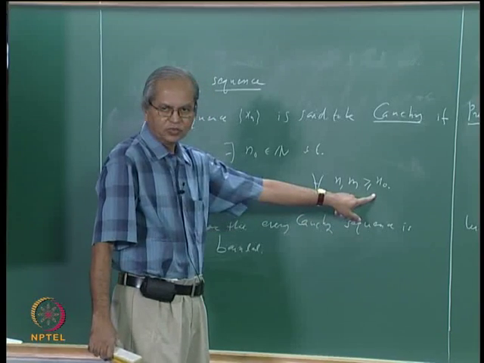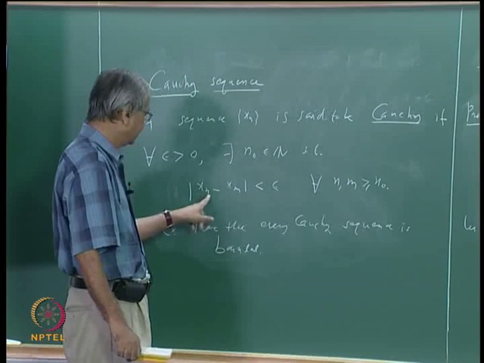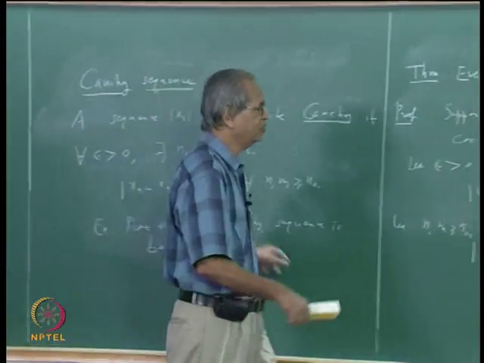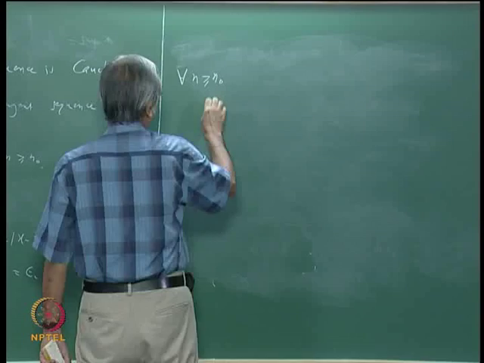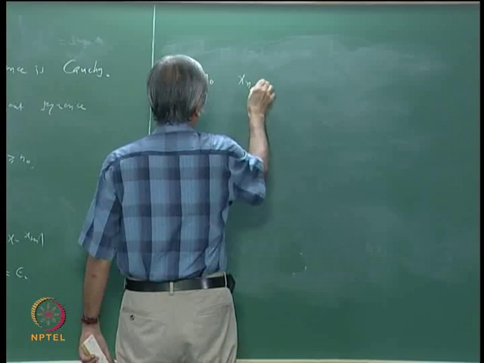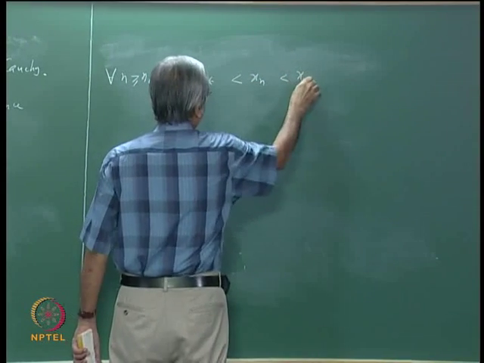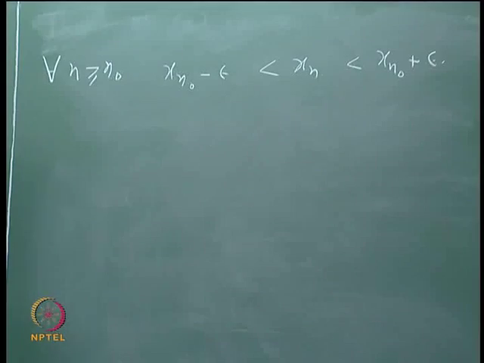It will mean that mod xn minus x n0 is less than epsilon, that is, for all n bigger than or equal to n0, x n0 minus epsilon is less than xn less than x n0 plus epsilon. Then what can you say about this beta case and alpha case from here?